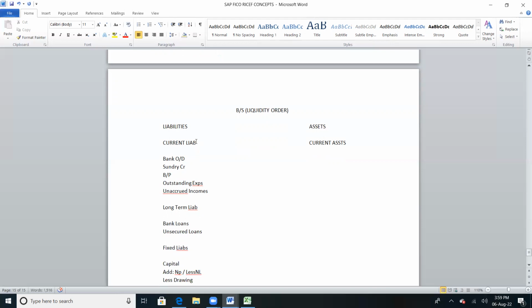So under current liabilities, first item would be... So understood everyone? Any questions? So this is the order on the liability side.